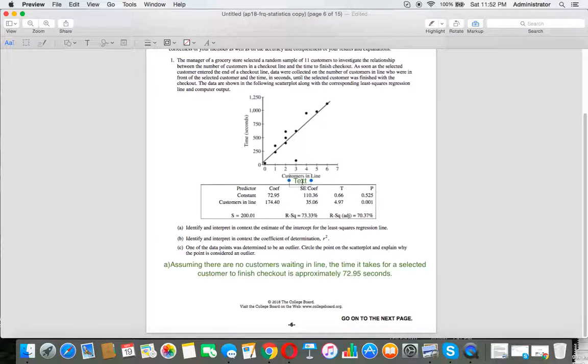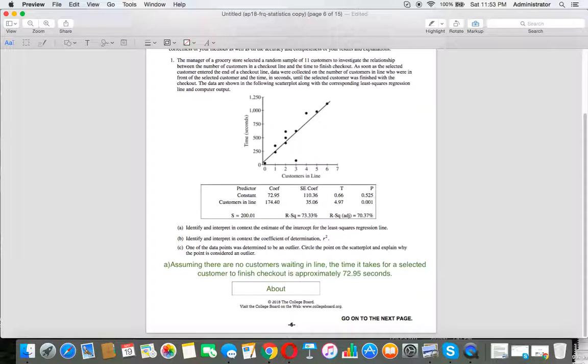Next question is asking us, identify and interpret in context the coefficient of determination R squared. So R squared has some structured statements that you could learn from the AP Statistics textbook. And in this example, the R squared value is over here on the computer output, where my mouse is highlighting, 73.33%.